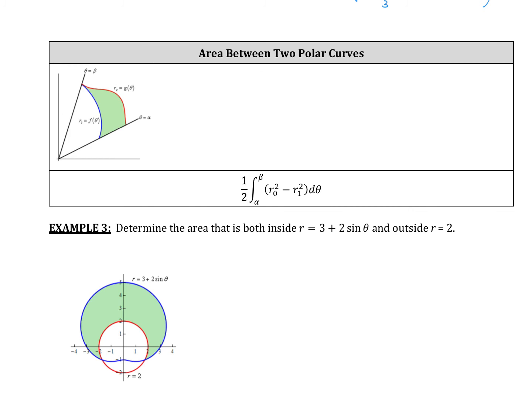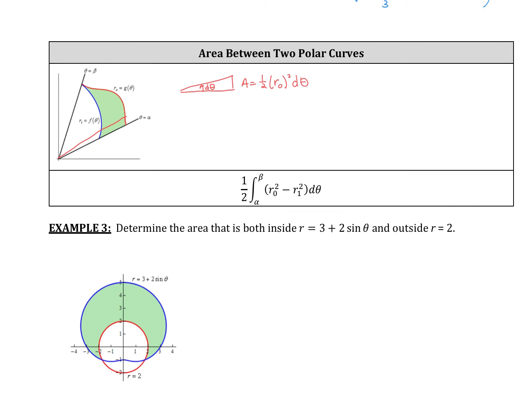So the first thing I'm going to look at is that if I were to find the area of, say, this first curve, r sub naught equals g of theta, if I were to find this first sector, we know that the area of this sector, this would still be d theta, would be 1/2 r sub naught squared d theta.